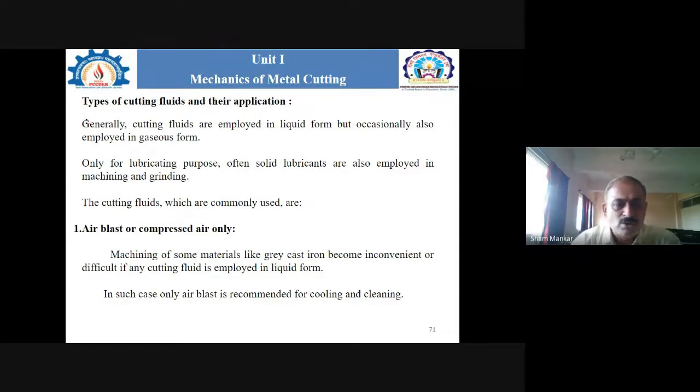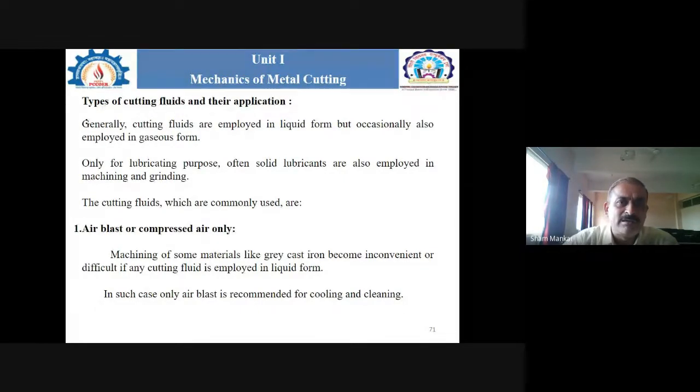By the conventional machining process, it becomes very difficult to perform machining operations on a gray cast iron material. In that case, if we recommend and use compressed air, the operation you are looking for becomes easier.